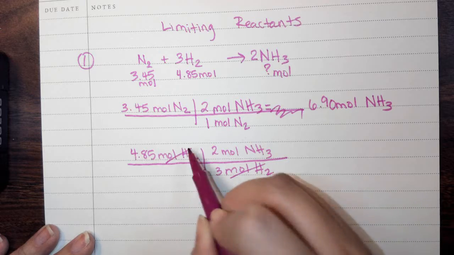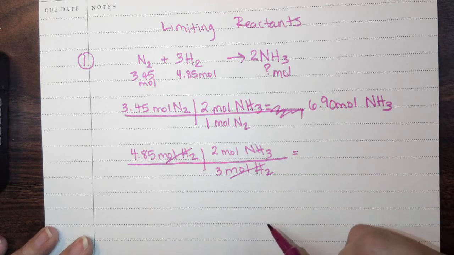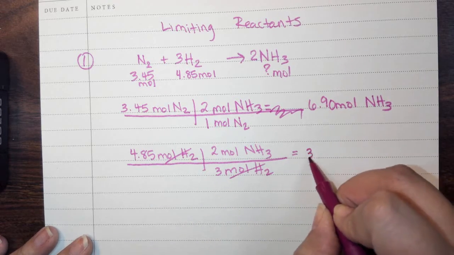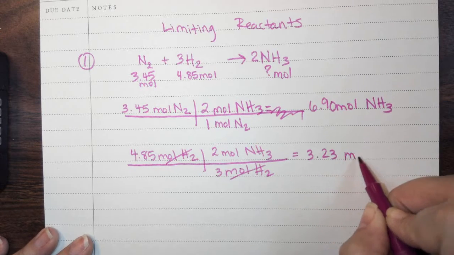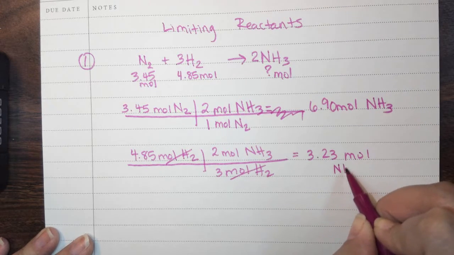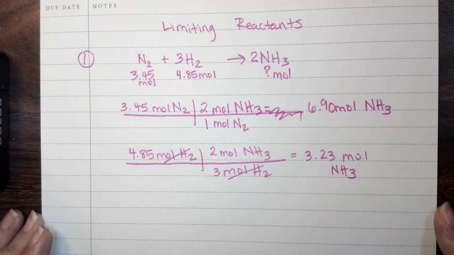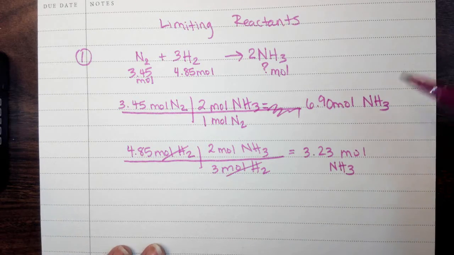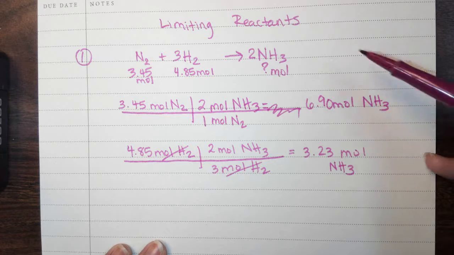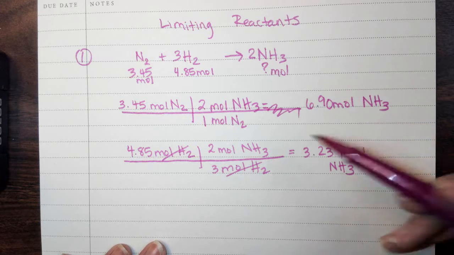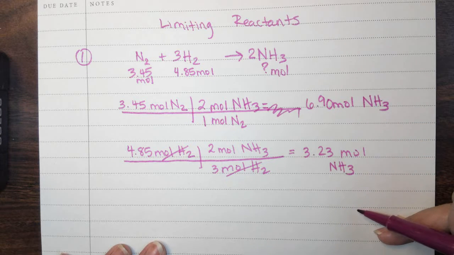And of course our moles cancel out. And so in total, 3.23 moles of NH3 can form. So now we just compare. I can either have 6.90 moles form or 3.23 moles formed.